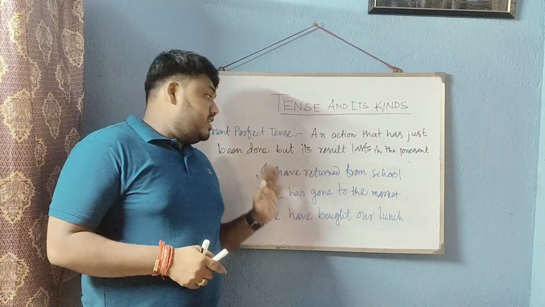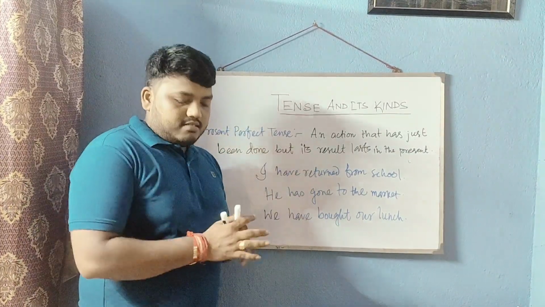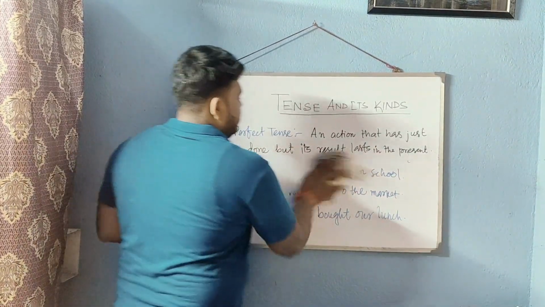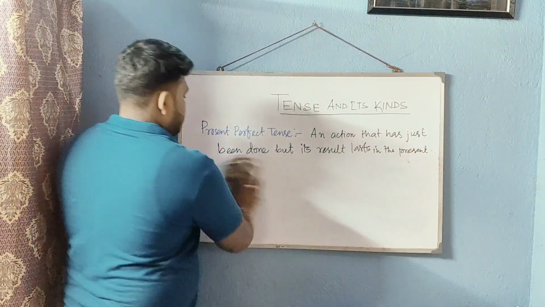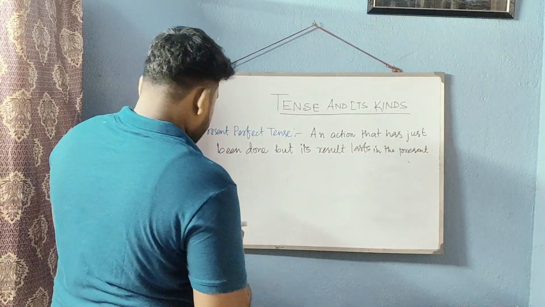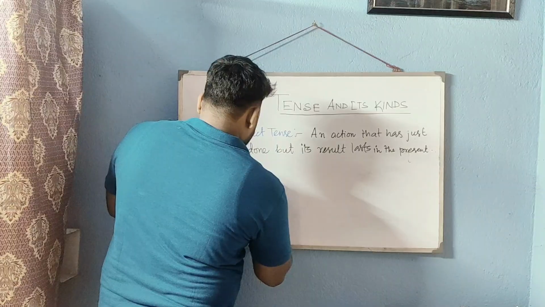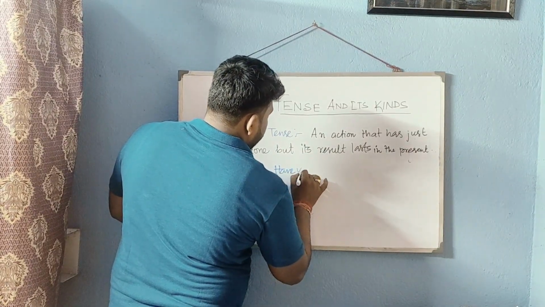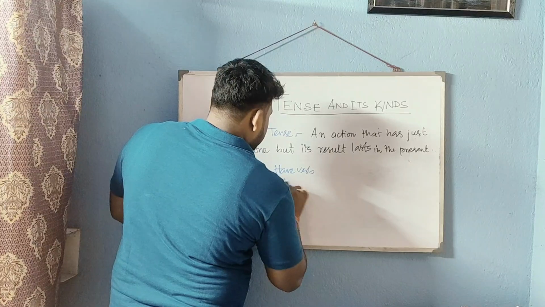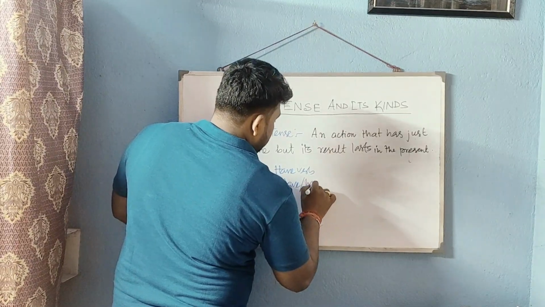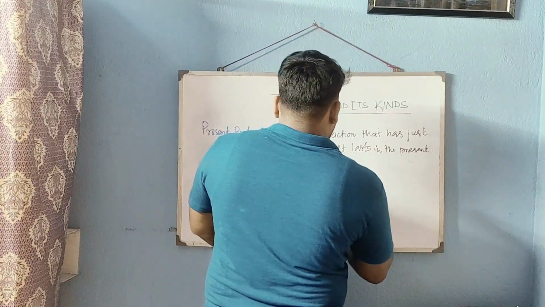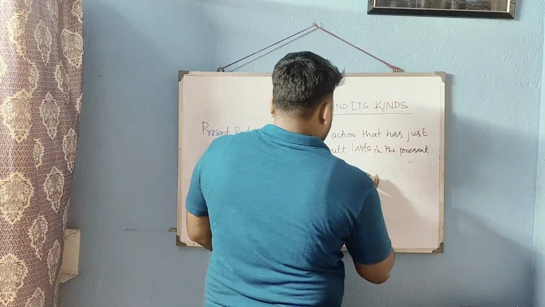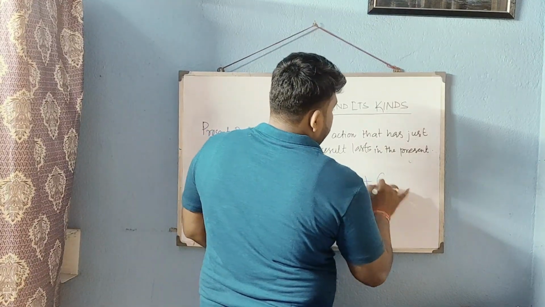So I'm going to write the rule of present perfect tense. Subject, have verb, which is have and has, the past participle form of the verb, I'm writing V3, plus object.